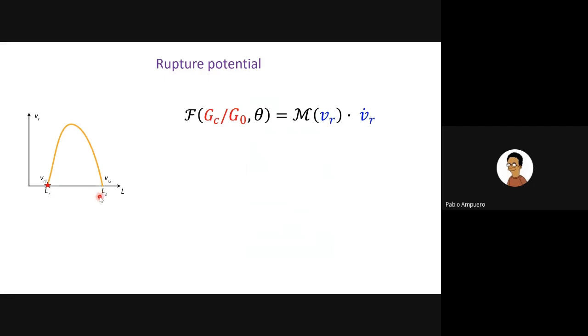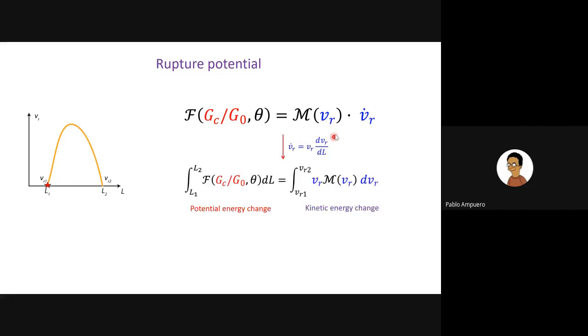Now we can manipulate the equations to come up with some simple recipes for the prediction of rupture arrest. Here, this would be a simulation where we're plotting the rupture speed as a function of the distance of rupture propagation. This rupture accelerates, and then because it finds perhaps some area of larger fracture energy, more resistance, it slows down and stops. So from the equation of motion, we can integrate it.